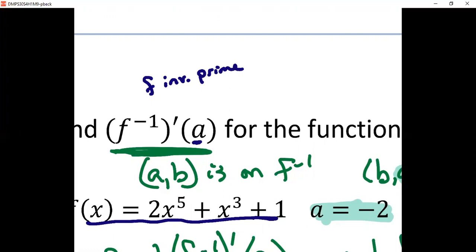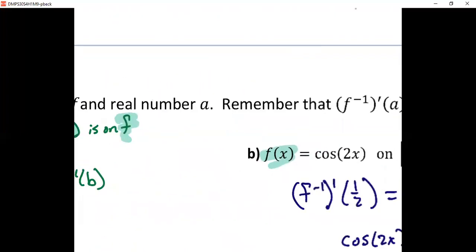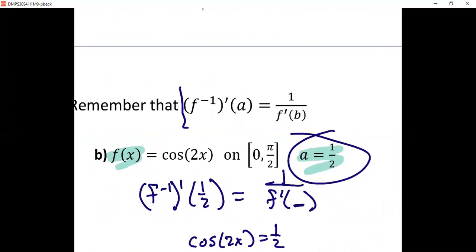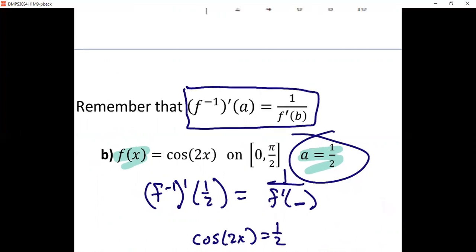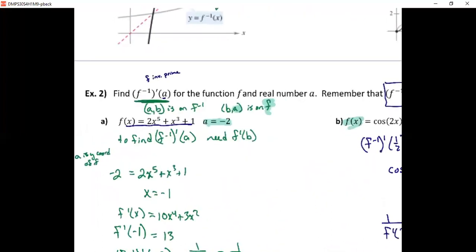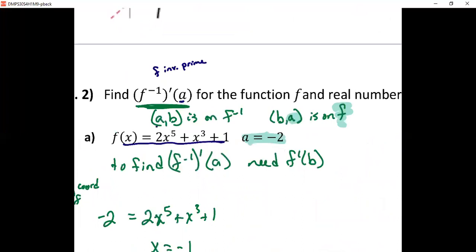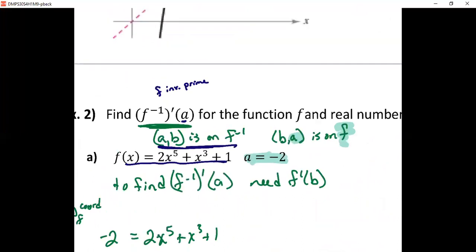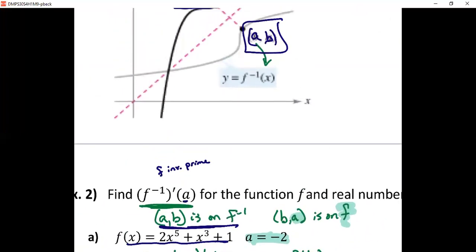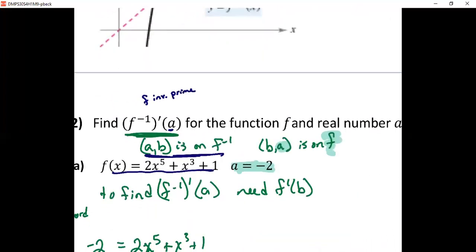What do I do instead? Let's use this fact: f inverse prime of a is the reciprocal of f prime of b. Now, in order for us to do this, we need to recognize that the point a comma b is on f inverse. That's what I was trying to show you up here. If a comma b is on f inverse, b comma a is on f.